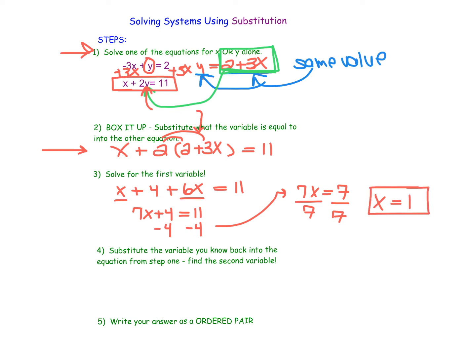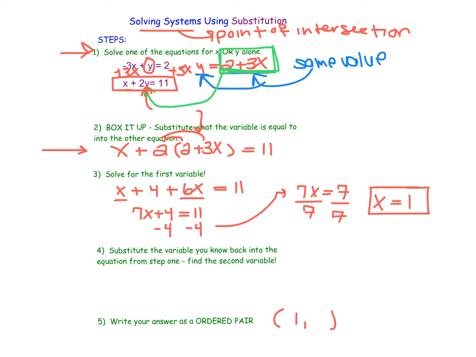Now remember, when we're solving a system, we are finding a point of intersection. So essentially, when I find my x value, in my ordered pair, I have found my x value is 1. And now what I need to find is the y value that pairs with it.